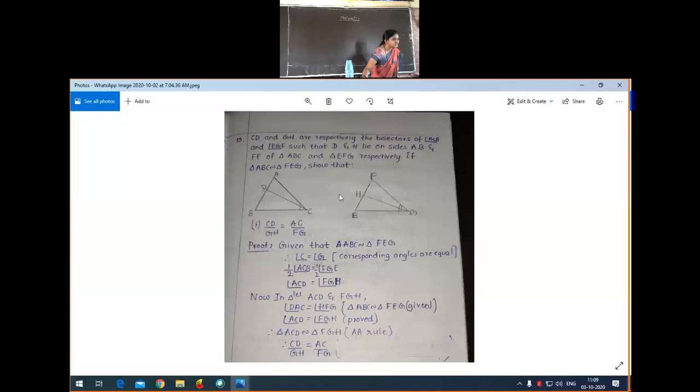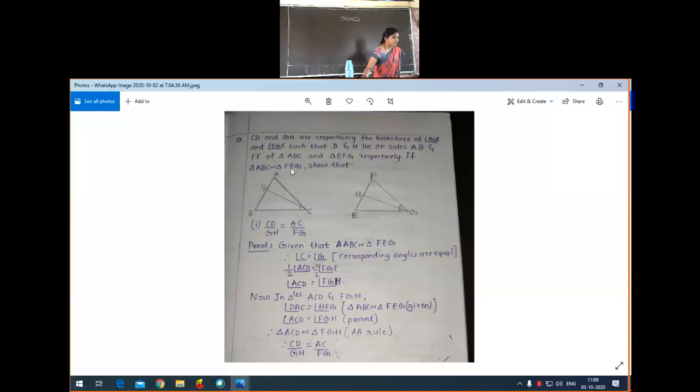Then this HG is also the bisector of this angle EGF, or FGE. Such that D and H lie on sides AB and EF of triangle ABC and triangle EFG respectively.